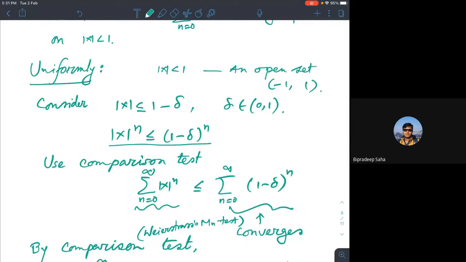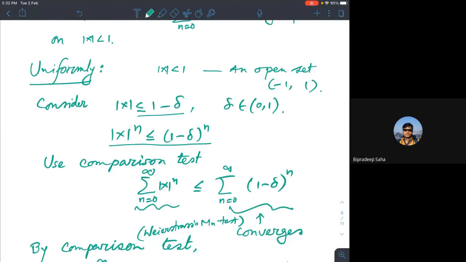Now this one is the end point of the interval. So therefore you can bound it. Each of the members increases, so the series also increases. Therefore you can bound the series by this, bound each term by this.